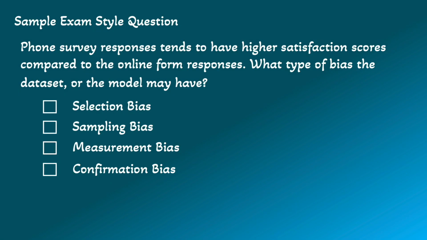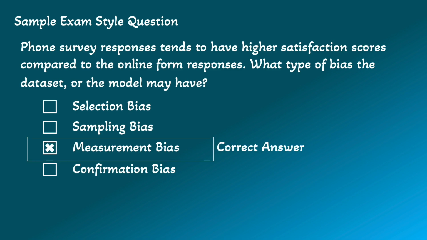Here is a sample question. Let's assume the question is, phone survey responses tends to have higher satisfaction score compared to the online form responses. And you have to select the correct bias types from all these options. You can pause the video here, take a moment and write down the answer in a paper and validate with us.